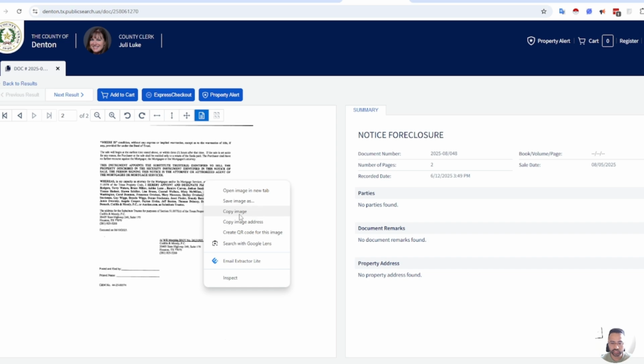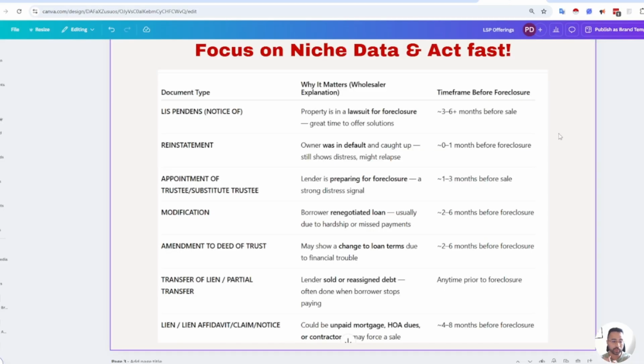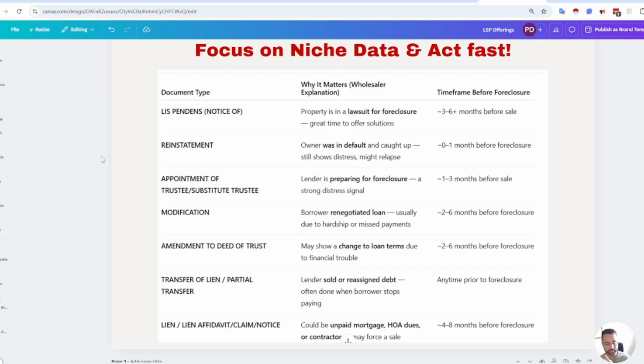Depending on the provider or vendor, they'll provide you something like this, which ultimately is just an image. So as you're going through that, you're going to find the sort of information you're interested in. Maybe you're looking into what the original principal amount was, who the mortgage company was, etc. Which is great and all, but if you're trying to do this at scale, again, I'm a big fan of focusing on marketing or getting on the phone and negotiating with the seller.